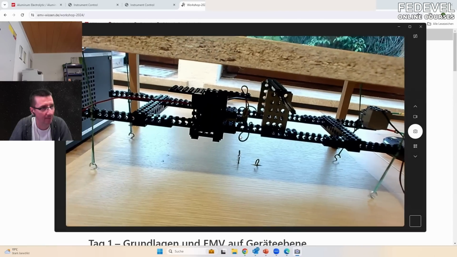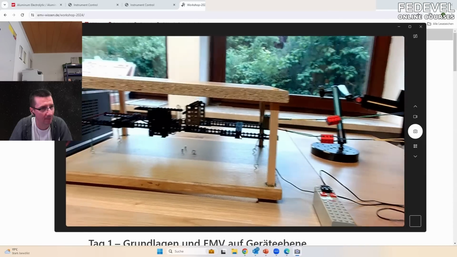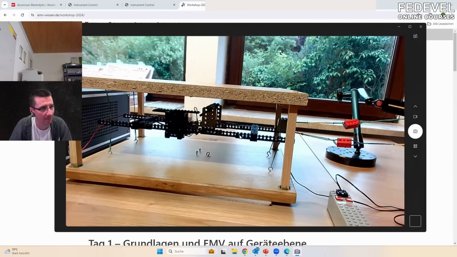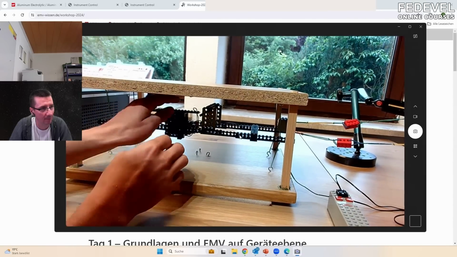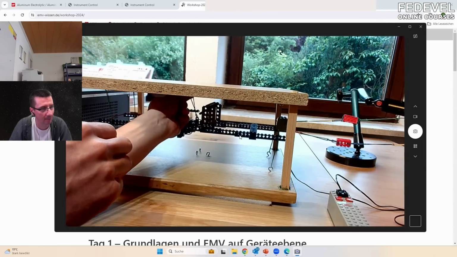This is a small capacitor, but when this capacitor is getting bigger, it is like when I connect it to the surrounding.